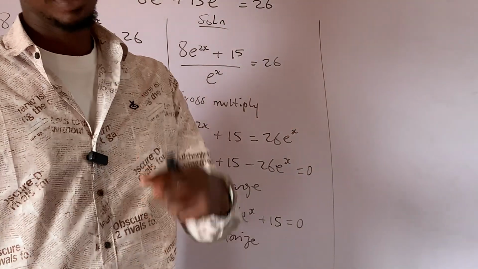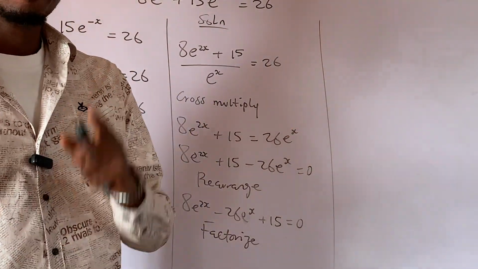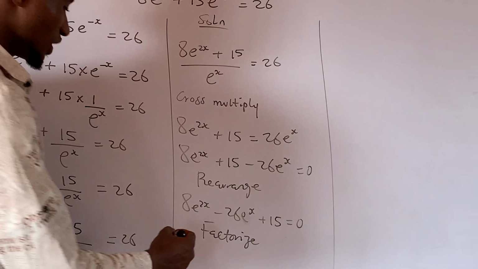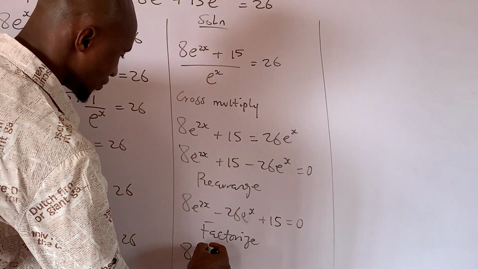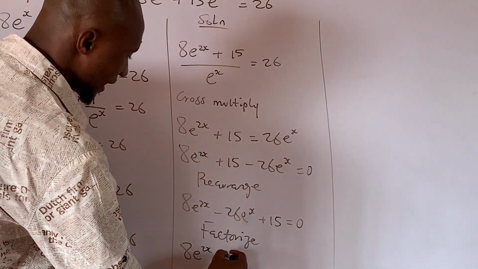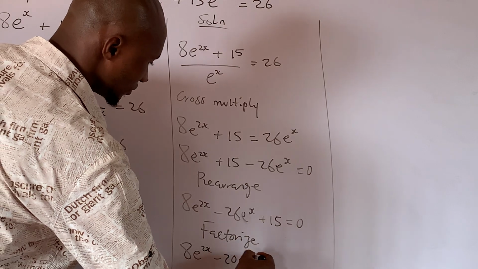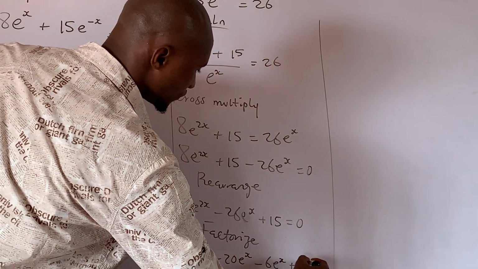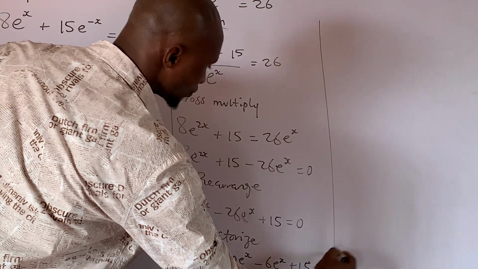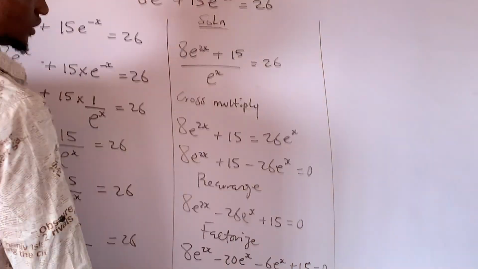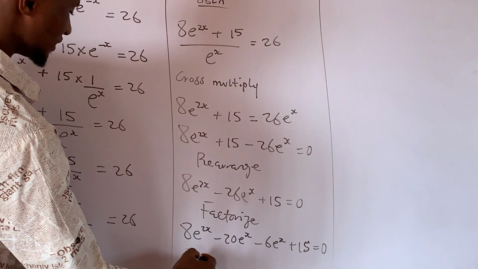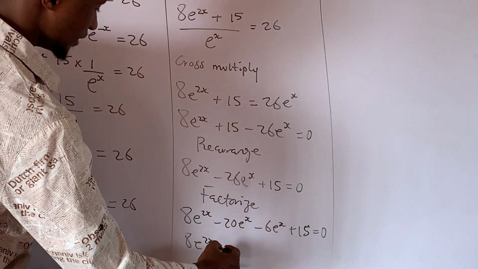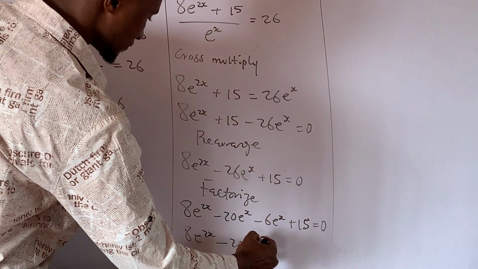Minus 20 minus 6 will give us minus 26. So here we have 8 exponential square minus 20 exponential, then minus 6 exponential plus 15 equal to 0. I repeat this mathematical statement here.